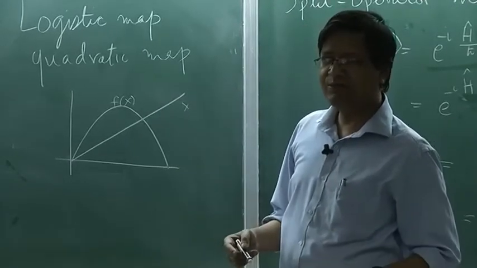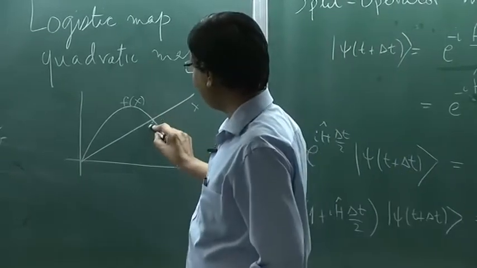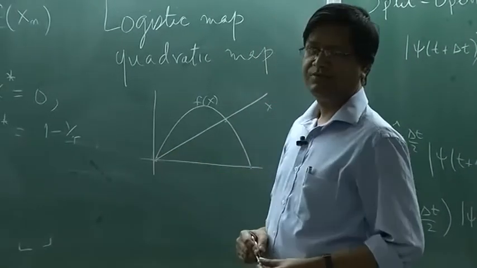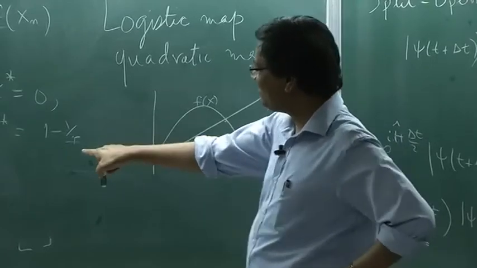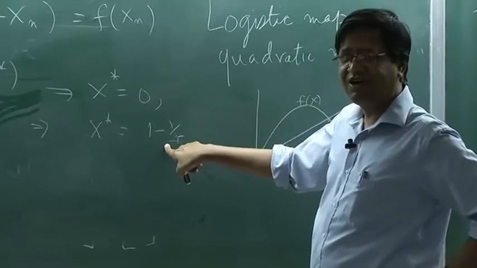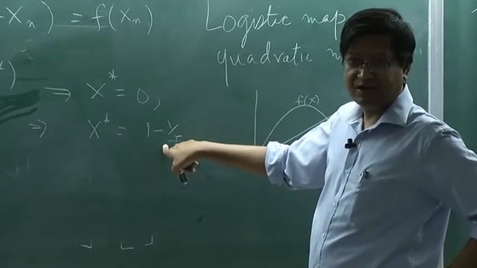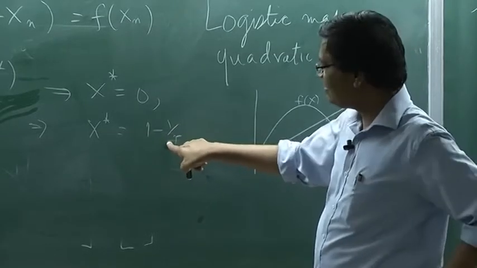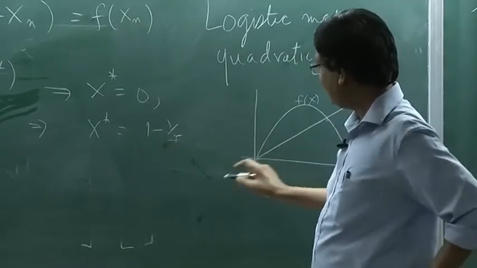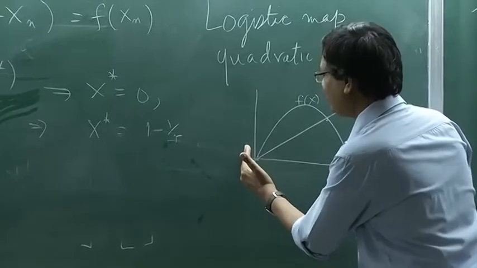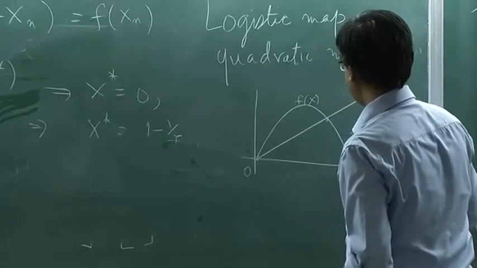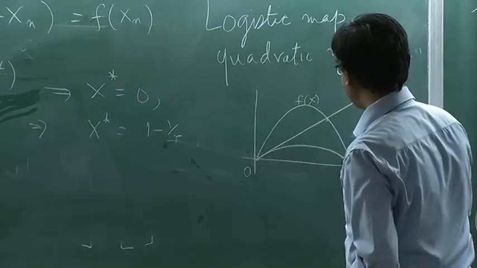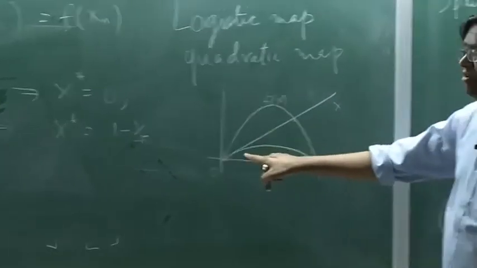So how many places does it cut? It cuts here and here. So these are two solutions, but of course this solution is not valid for r less than 1. For r less than 1 it becomes negative, so I am keeping myself to 0 to 1. Okay, I am going a bit fast, but if this is the case, there is only one solution.